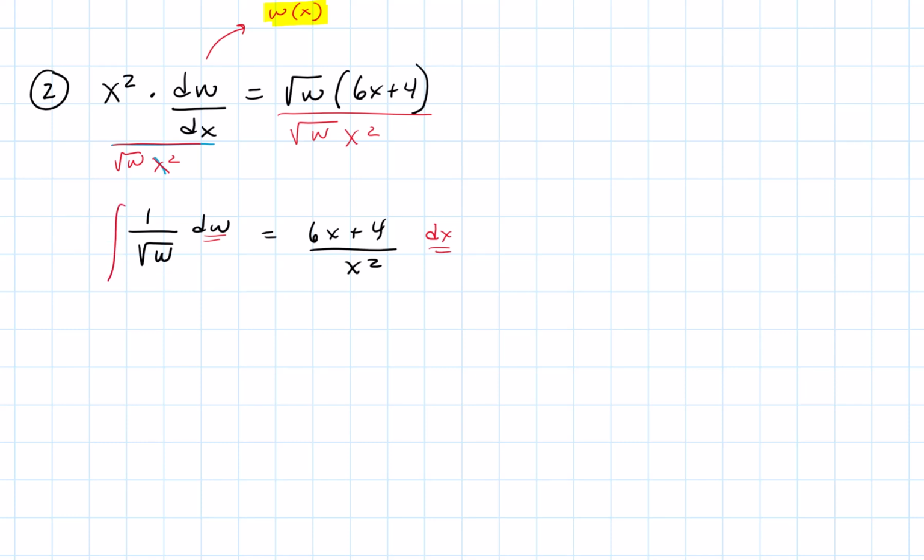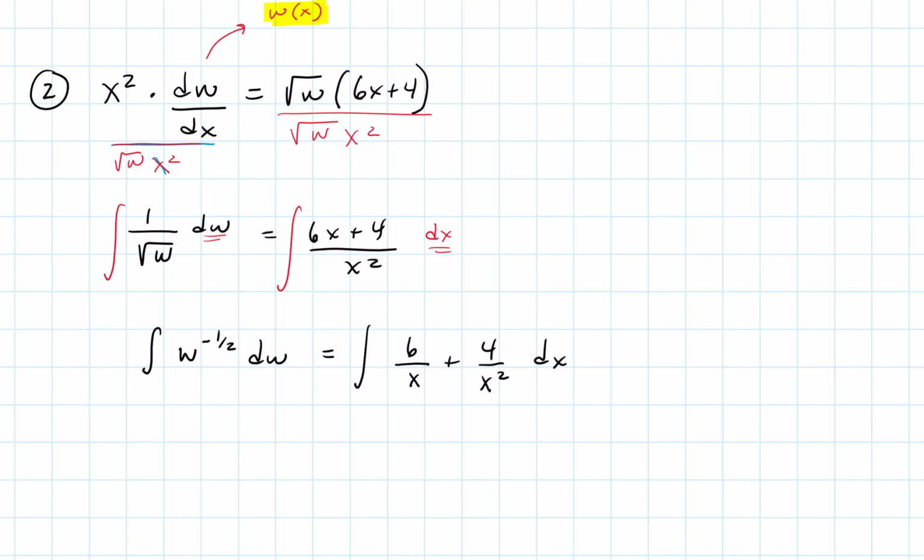Now we can integrate both sides of this equation with respect to their respective variables. To do that, let's do just a little simplification. Let's write that as w to the negative 1/2 dw. And on this side, it's a rational function, but let's rewrite it as 6 over x plus 4 over x squared dx.